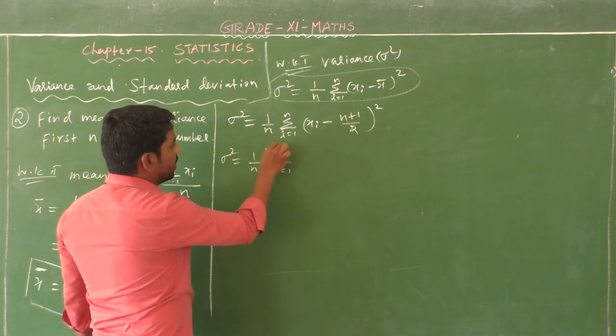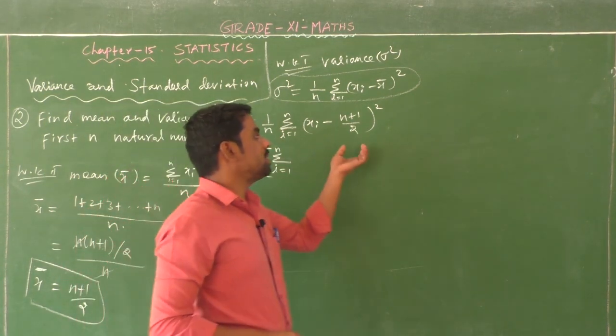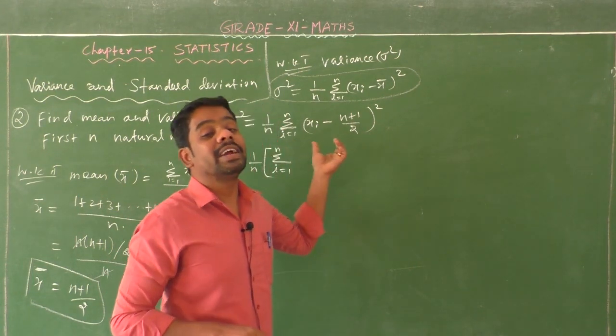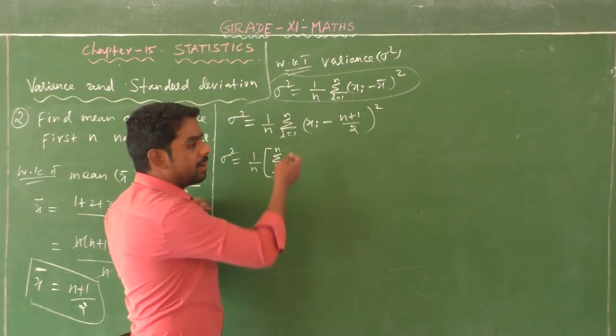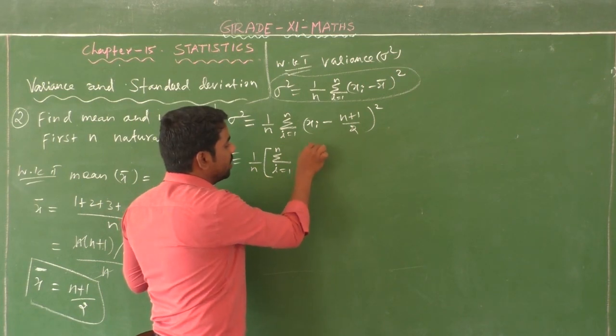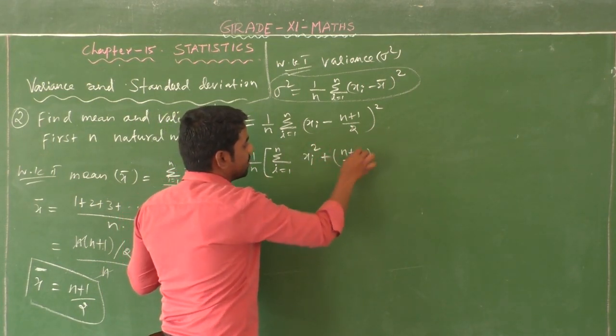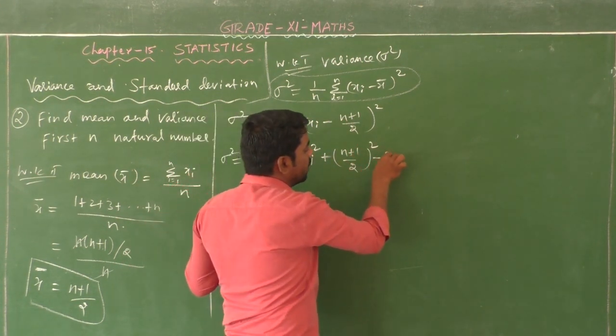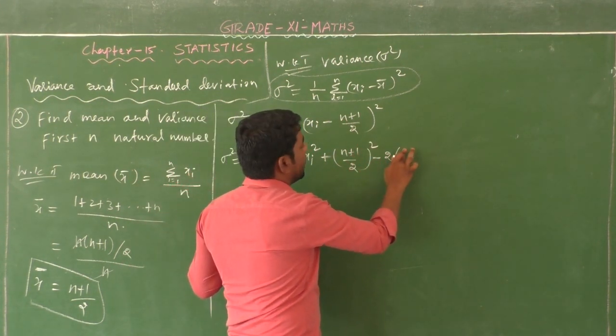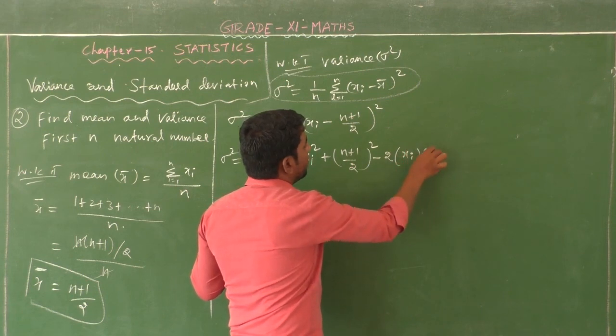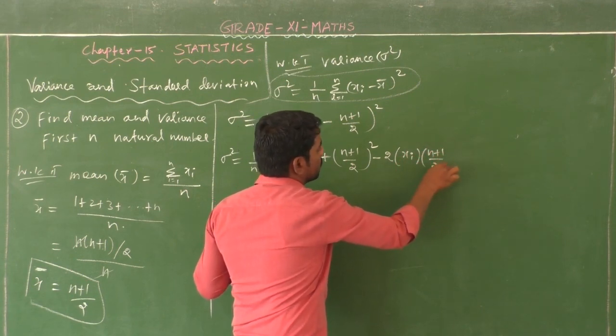So sigma squared is equal to 1 by n into the summation of i equal to 1 to n of xi minus n plus 1 by 2 the whole square. That is the a minus b whole square formula. So xi squared plus n plus 1 by 2 the whole square, this is a squared plus b squared, minus 2ab, 2 into a is xi into b is n plus 1 by 2.